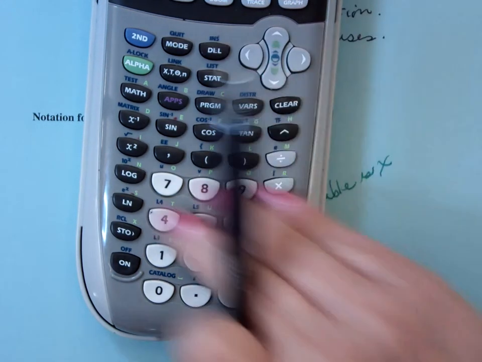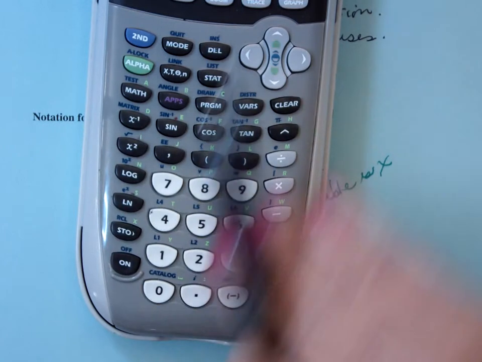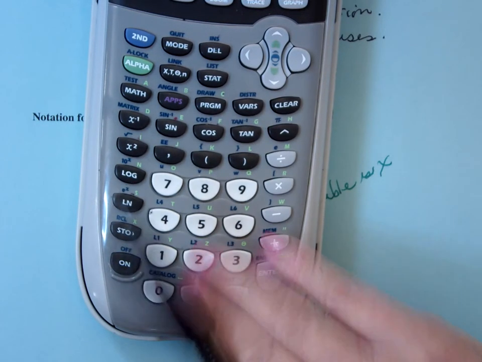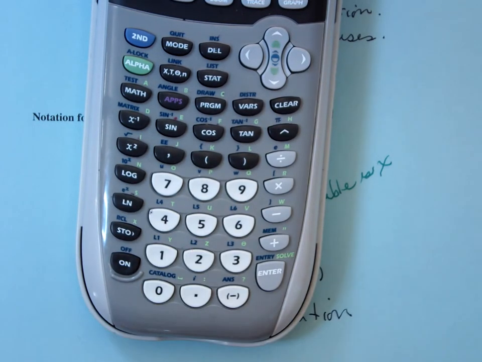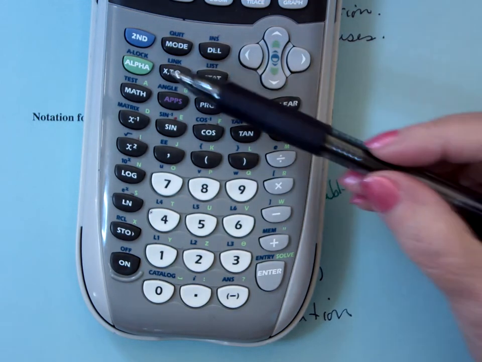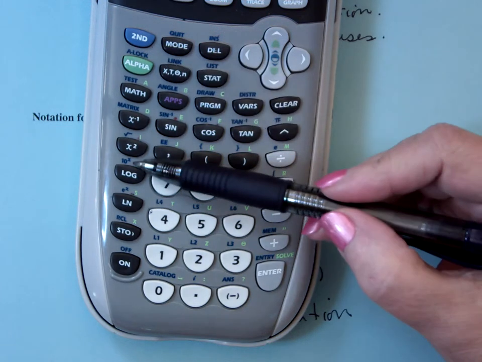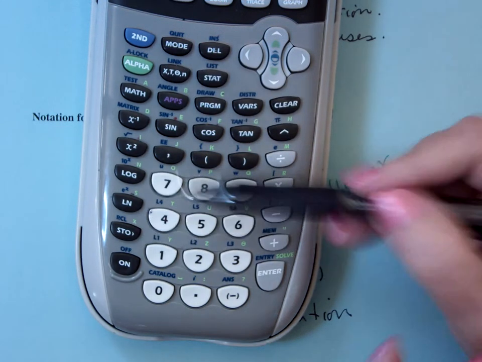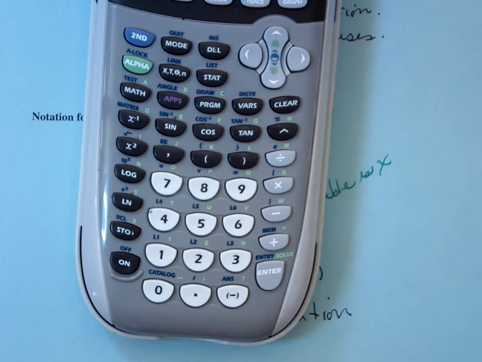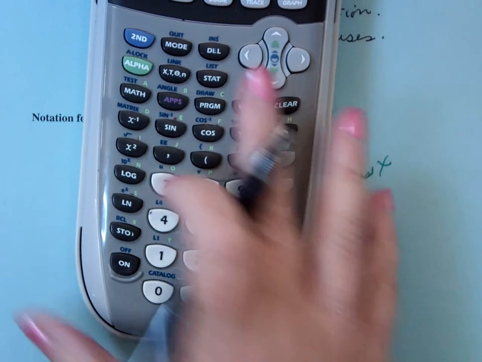Because it didn't do all of this stuff that it does now. It was just pretty basic. So there was an INV key, instead of the second key, that picked up what was above the key, and above the key was the inverse of that function, the undo button of that function.